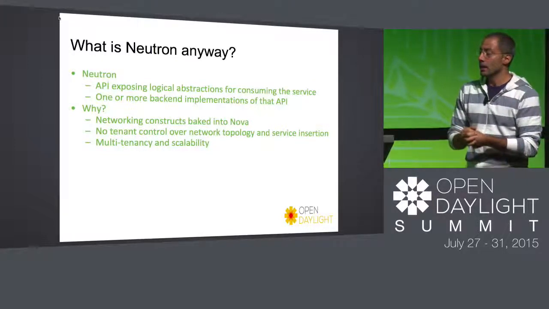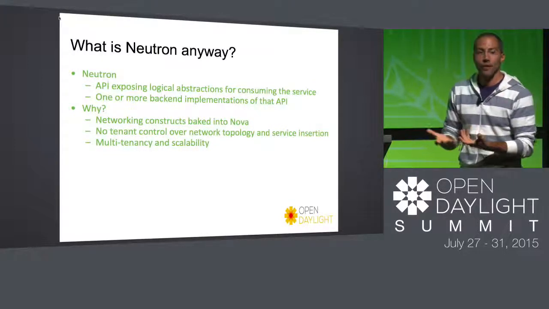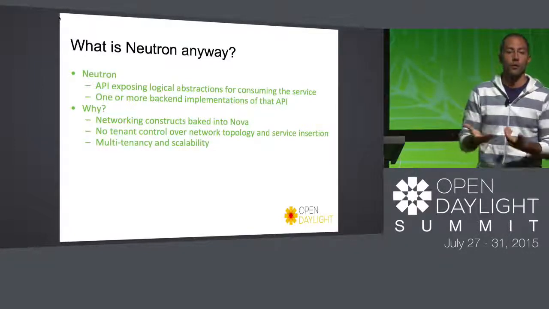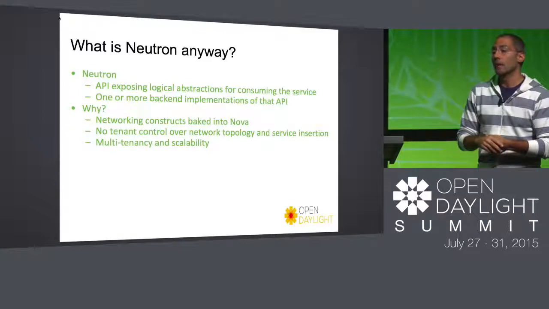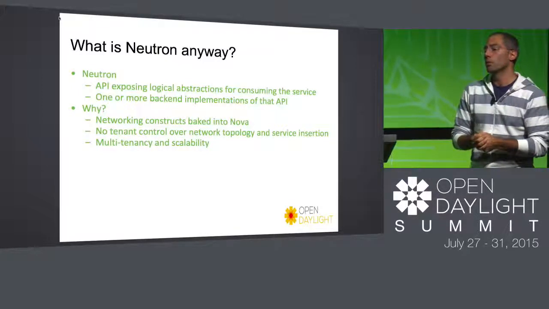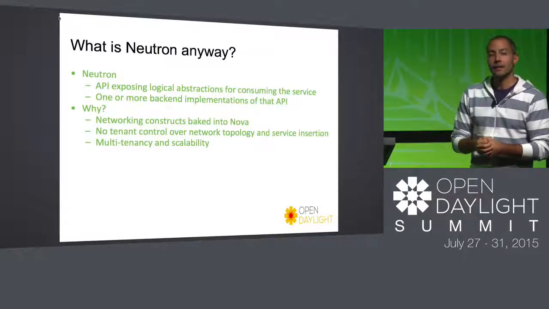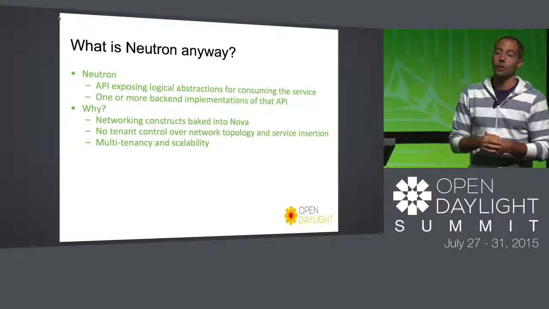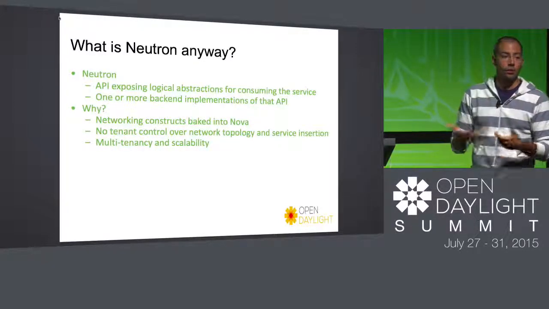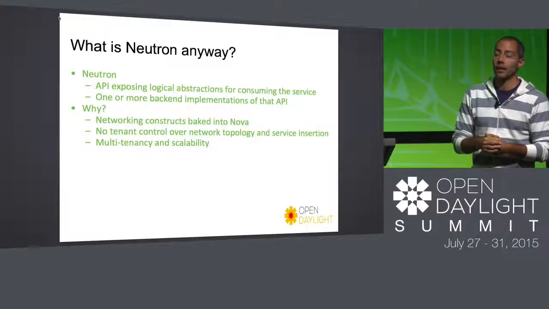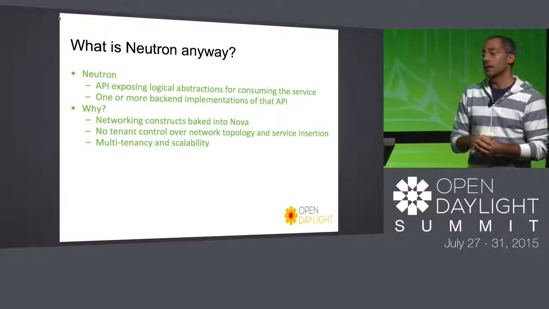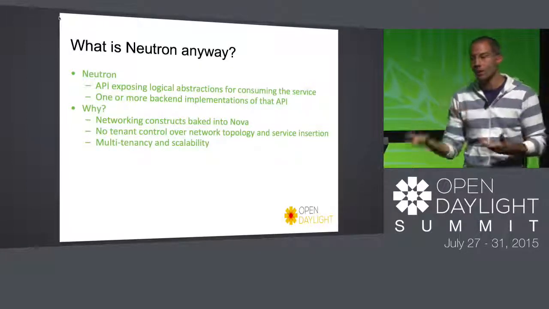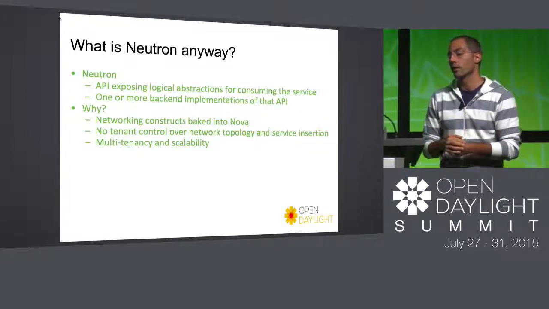And obviously, they didn't provide enough flexibility and modularity for open source folks to innovate and experiment. Also, the Nova networking model was fairly limited in that it didn't allow tenants to have control over network topologies for deploying cloud applications, as well as providing higher level service insertions like load balancers, firewalls, VPN, and so on and so forth.